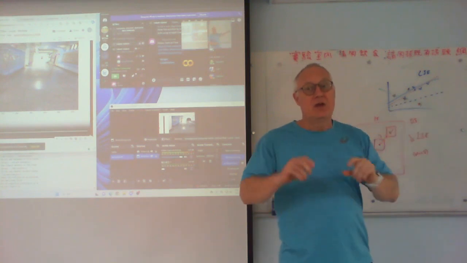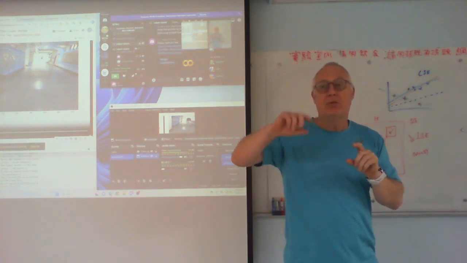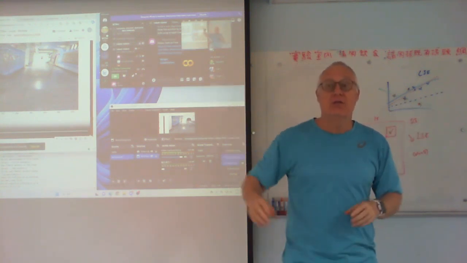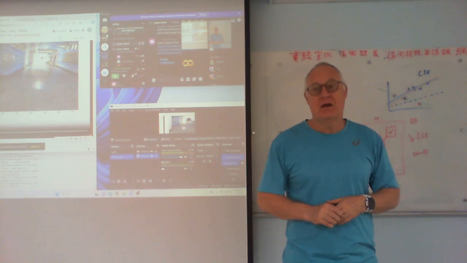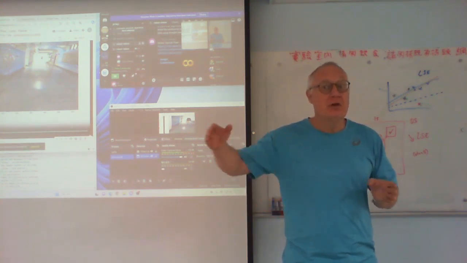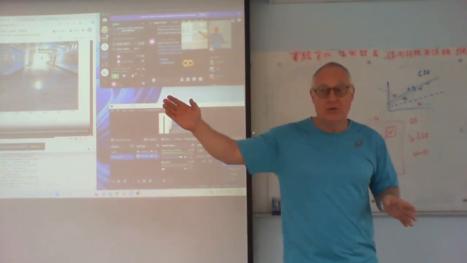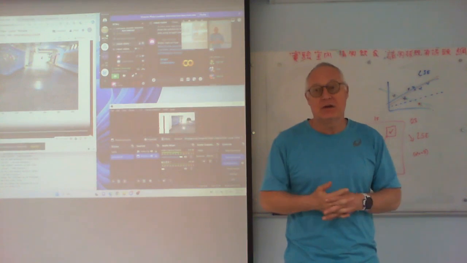But we use the consensus: how many points are actually close to the model that I just calculated? So it's the number of points that this model is close to, as opposed to the least squared error approximation.